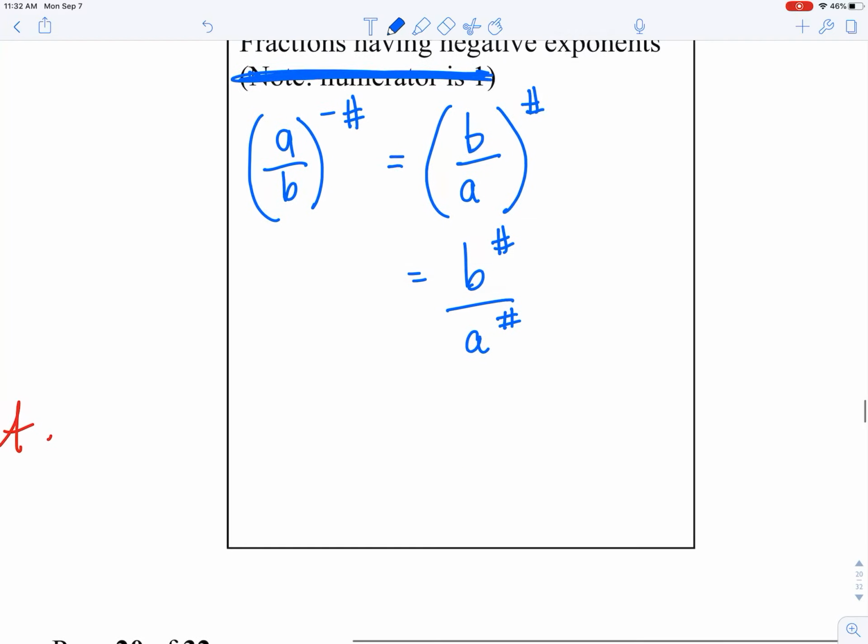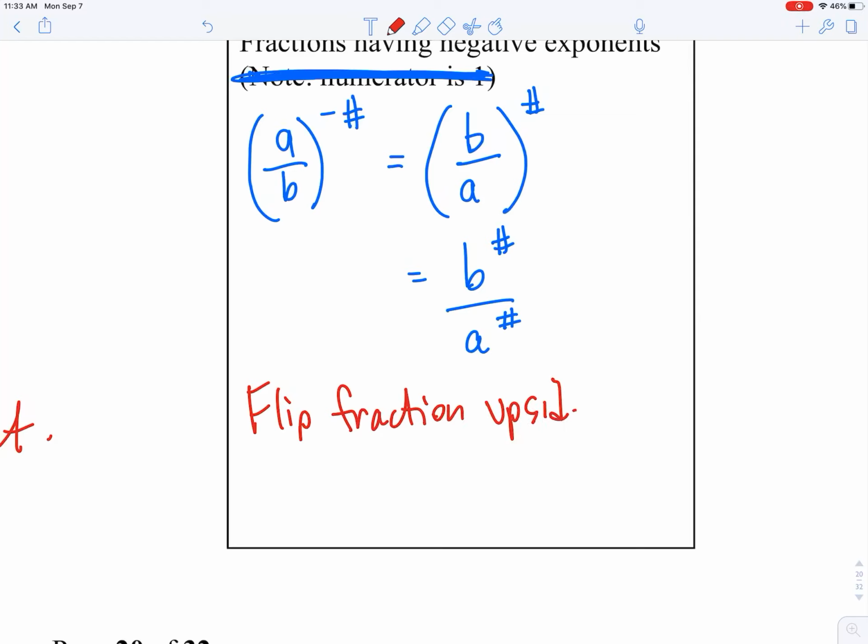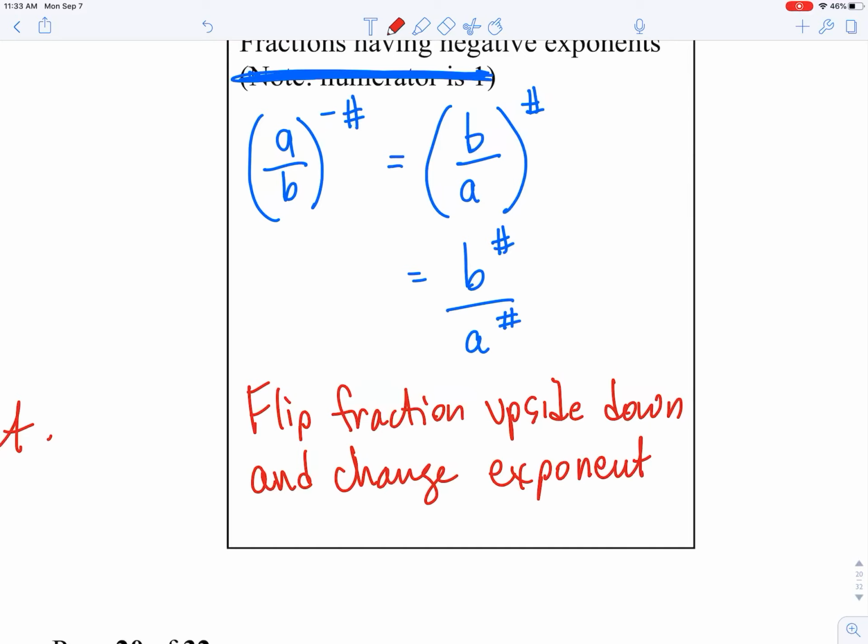So in words, we would say we will flip the fraction upside down and change the exponent to positive.